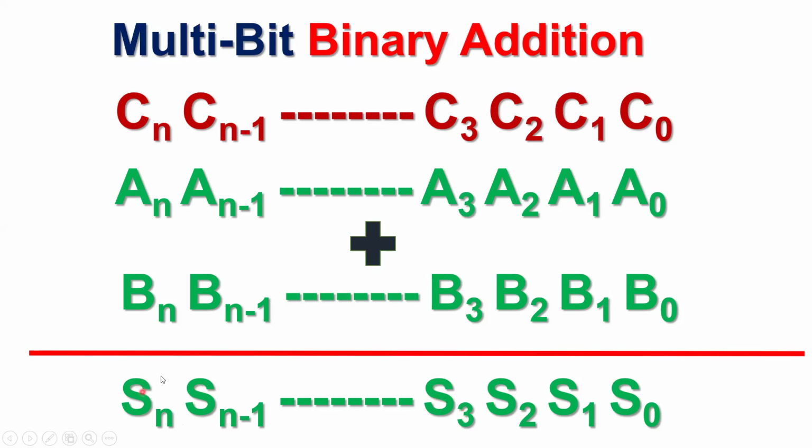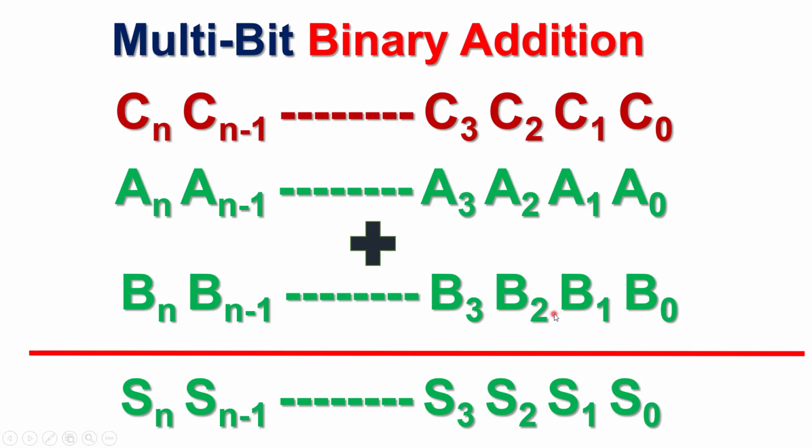It is continued until the final addition of Cn, An, Bn, giving you a final sum called Sn. If the final MSB, most significant addition of the bits, generates a carry again, that is represented as overflow, or that is left as it is. And that carry bit is taken into account to finally represent the final sum of the n-bit number.